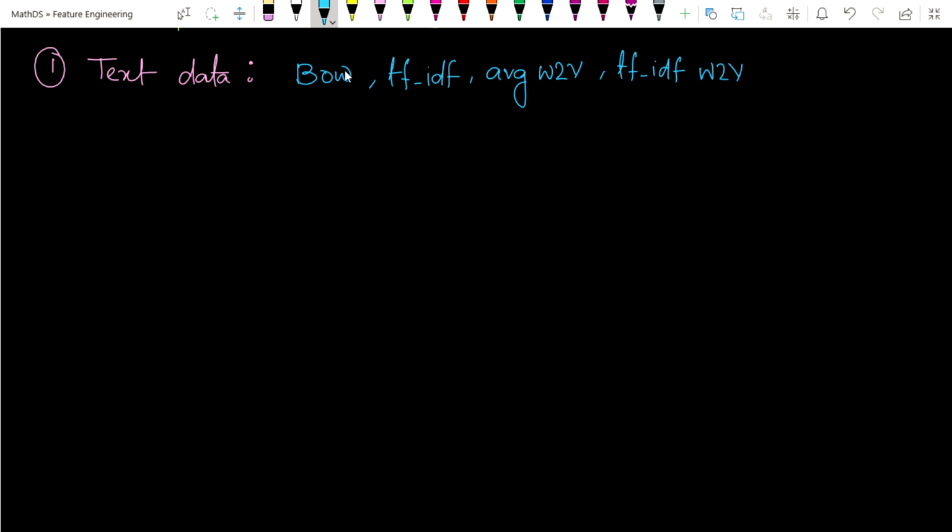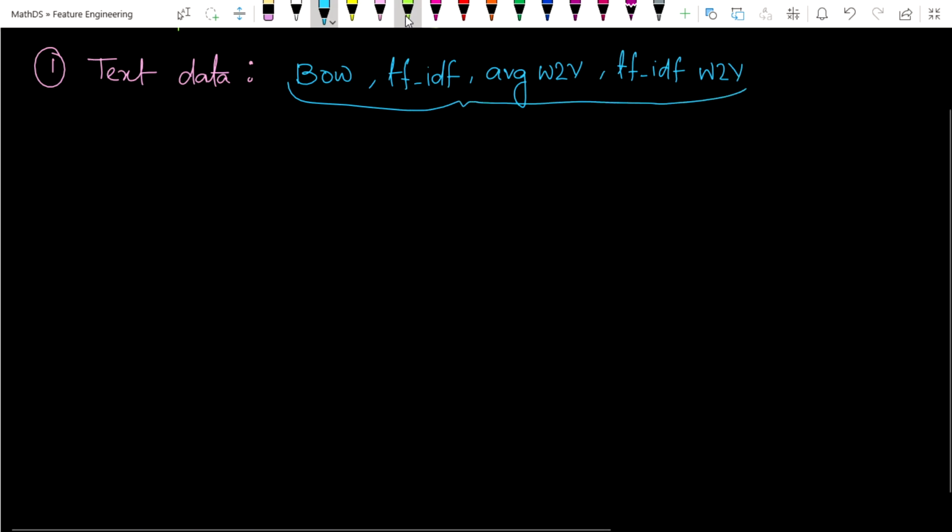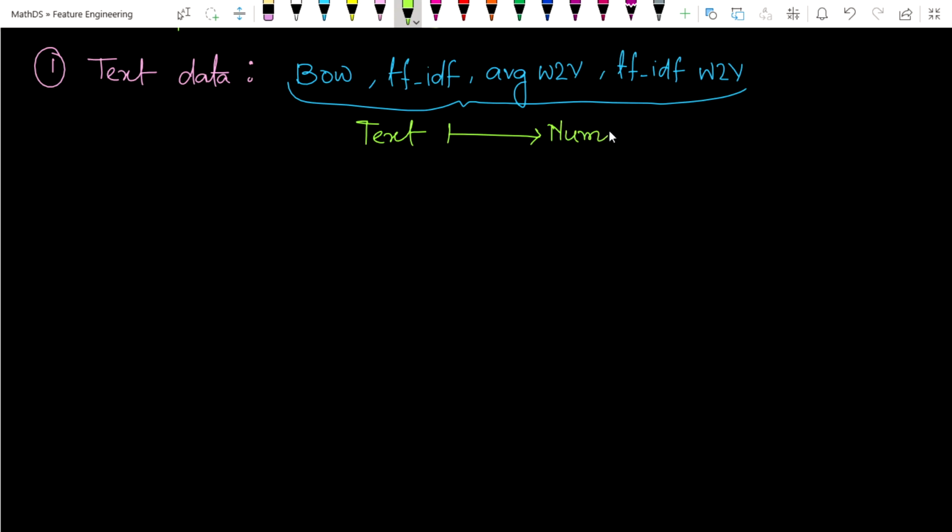These techniques help us convert text data into numerical data. There are also various other featurizations of text data.